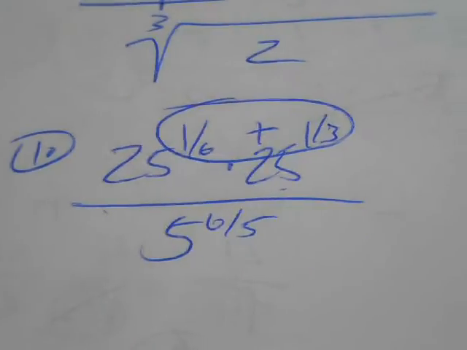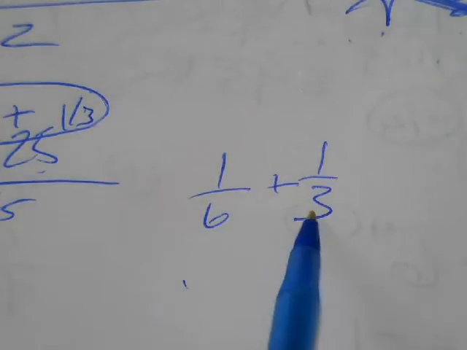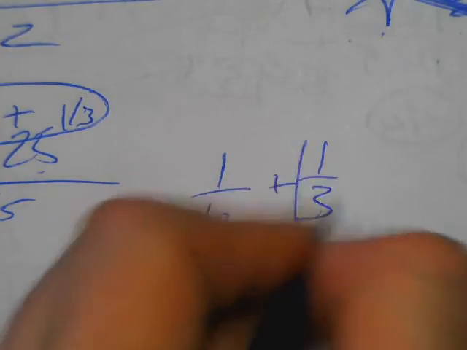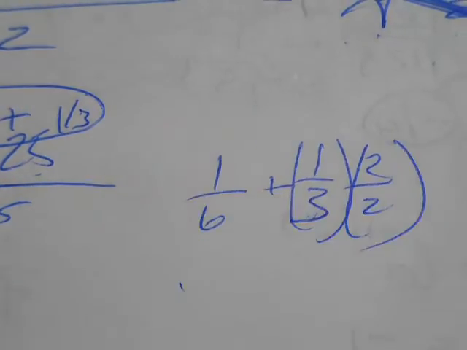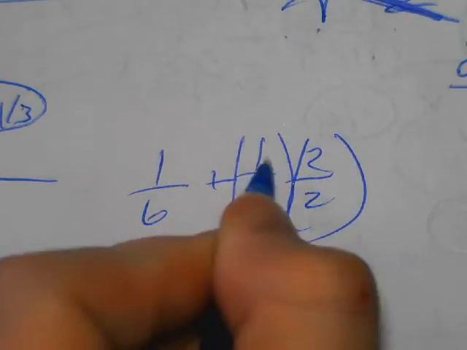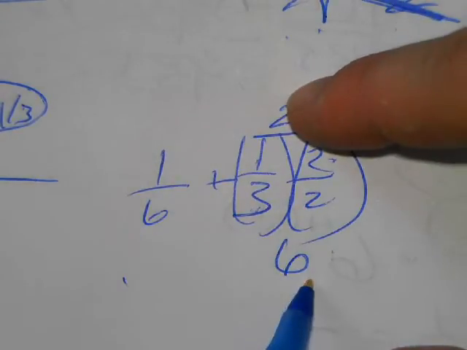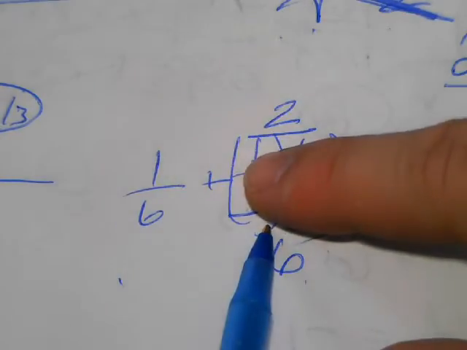And the first thing I need to do is add up my 1/6 and my 1/3. I do not have a common denominator, so that's going to have to happen here. I can multiply this one by 2/2, which is fancy 1, because 2 times 3 is 6, and 2 times 1 is 2. I can check, 2 divided by 6 is still 1 divided by 3, so it's the same thing.